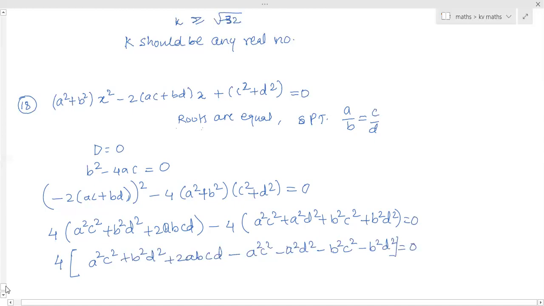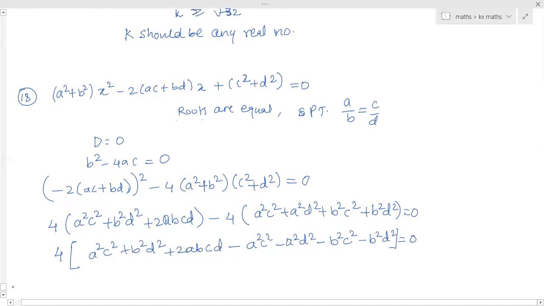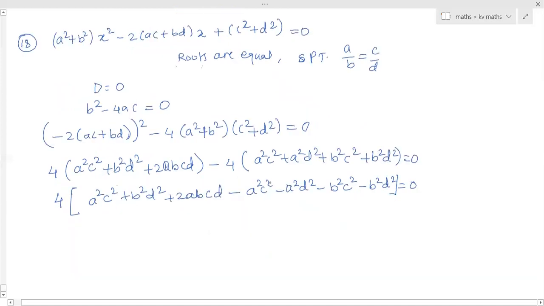So 4 goes to the RHS and becomes 0. Now inside, a square c square minus a square c square cancel, plus b square d square minus b square d square cancel. Now we are left with 2abcd minus a square d square minus b square c square is equal to 0.